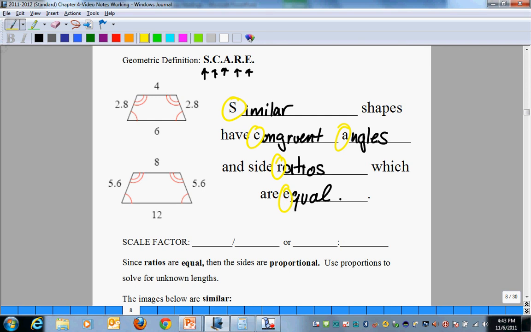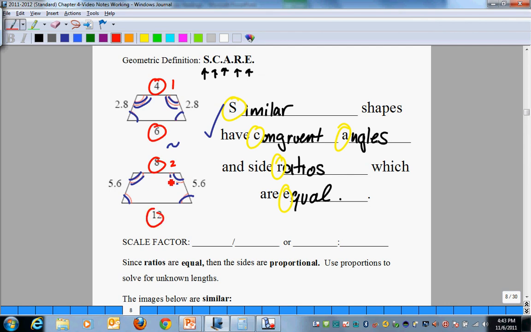So we're given here that these 2 shapes are similar. How do we know they're similar? Well, first we see that their matching angles are congruent. The corresponding angles are congruent. That's the first check. And then the second, I check this ratio is a 1-to-2 proportion.